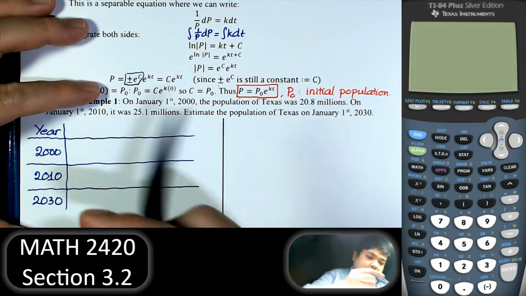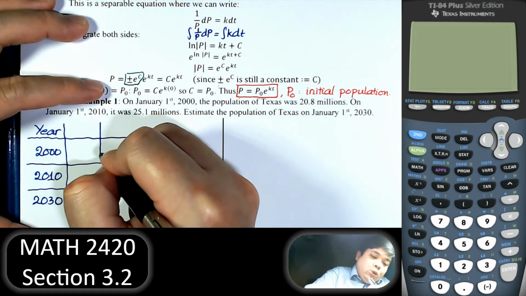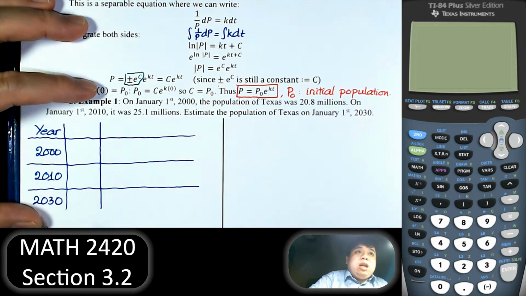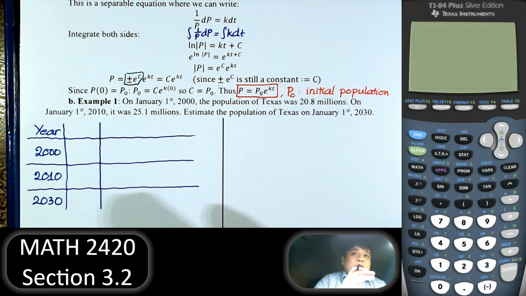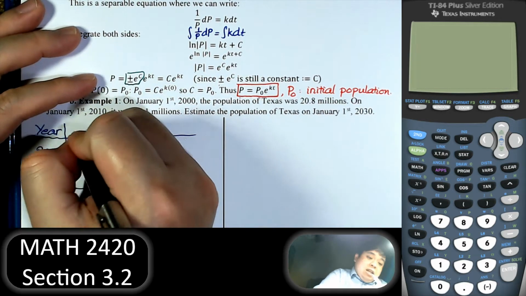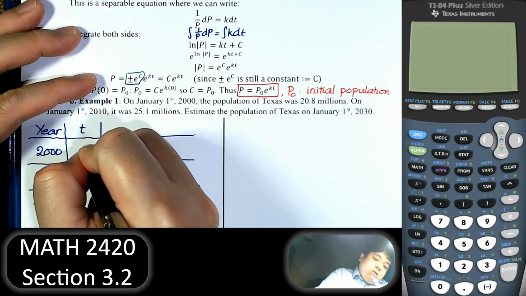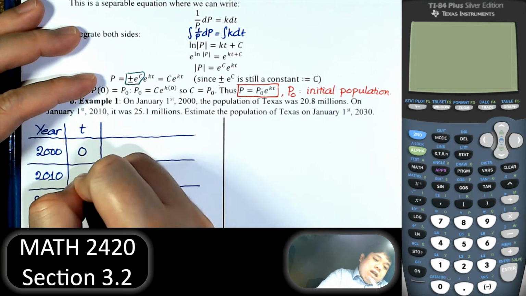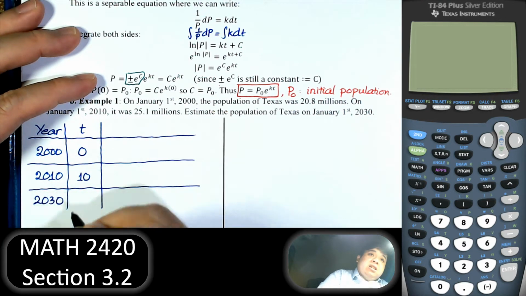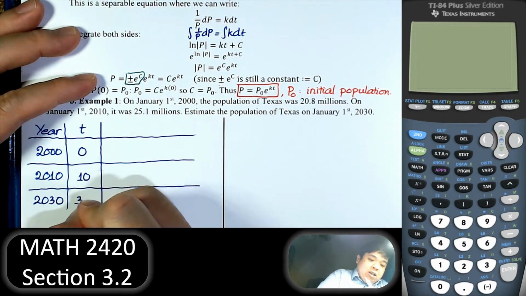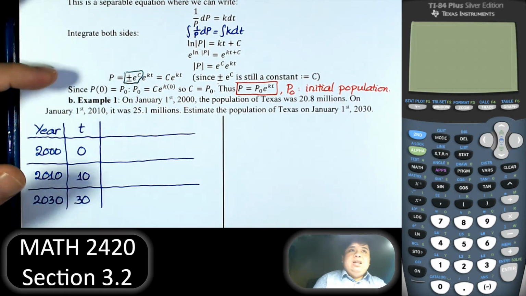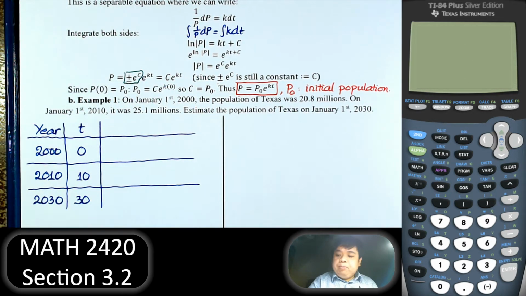Right. Now, it would be easier if we were not using those numbers. Let's say we start from 2000. So in that case, if we let t in 2000 be 0, 2010 will be 10 years later, and 2030 will be 30 years later. So we let t be those values, easier to work with.